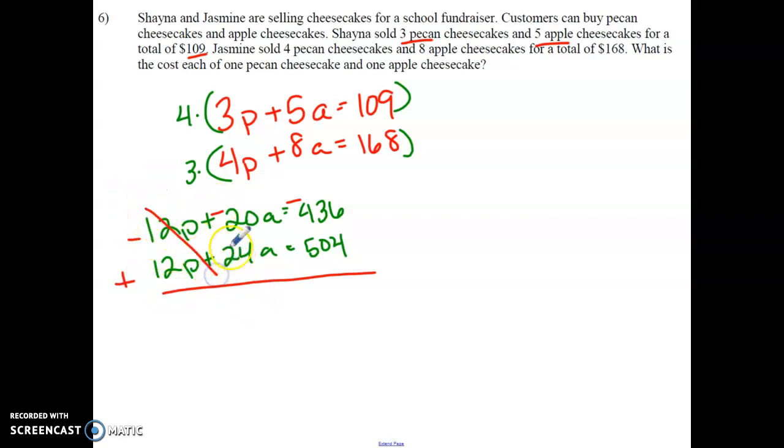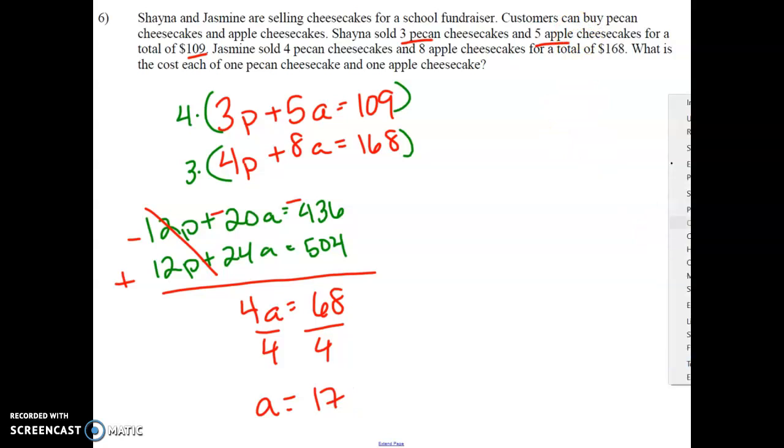So those cancel. Negative 20 and 24 gives me 4. Negative 436 and 504 gives me 68. And then divide by 4. So I get a equals 17. If I plug that back in, I get 3p plus 5 times 17 equals 109.